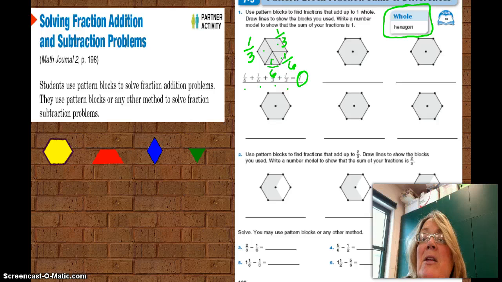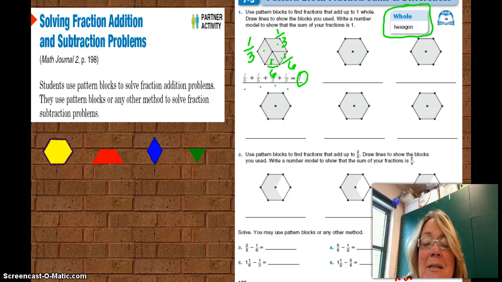I always like to take the larger number because it's quicker. So if I have a 3 and a 6 for a denominator, I know that 3 times something will equal 6. So I'm going to change this one on this side. And whatever I do to the denominator, I do to the numerator. So how does 3 become the 6? I have to multiply by 2.